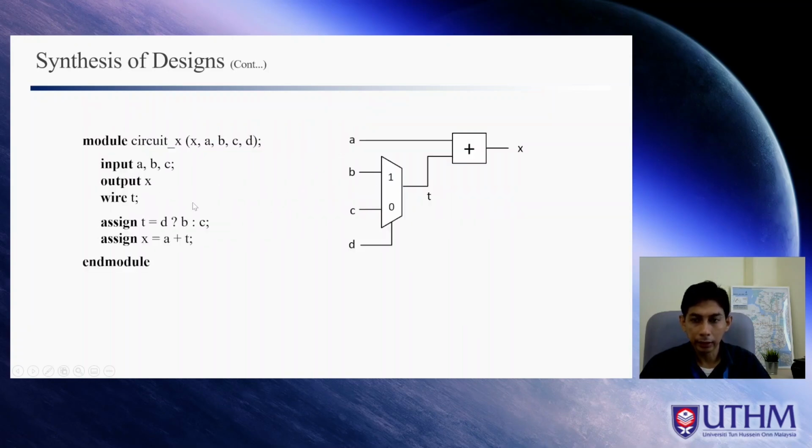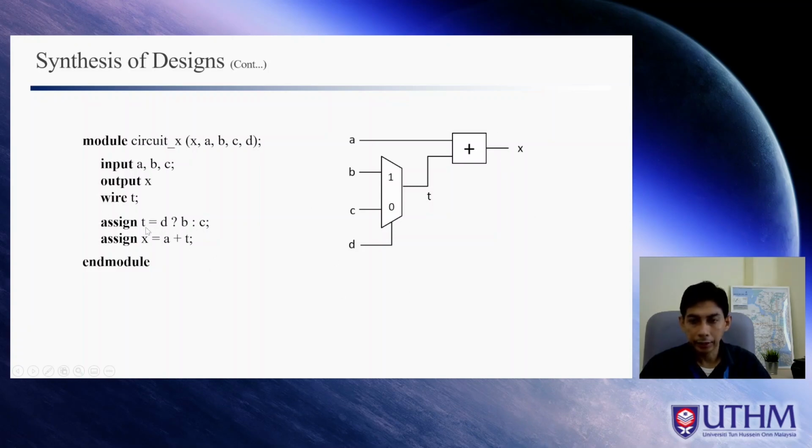For example, if you have something like this, this is an example of inference where this one will be inferred to a multiplexer, this one will be inferred to an adder, right? And the code will be synthesized to this circuit. That's it.